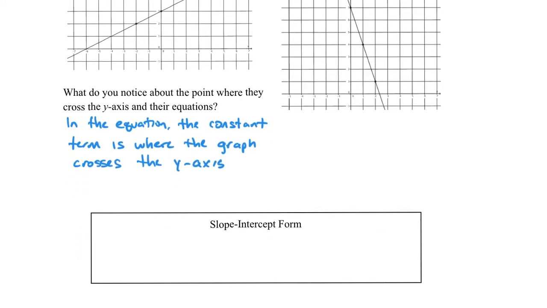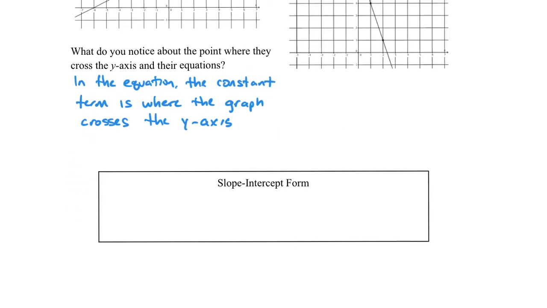It's actually called the y-intercept. So let's go back to our y equals mx plus b form, slope-intercept. And this piece right here is called the y-intercept. It's where the graph crosses the y-axis.